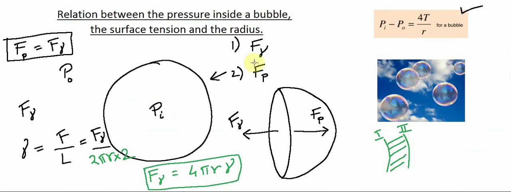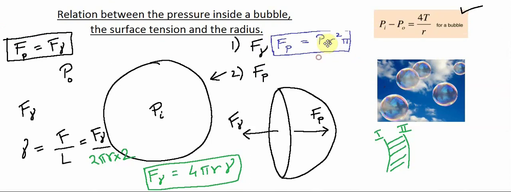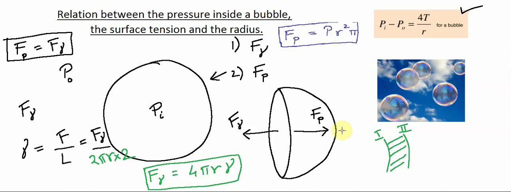Now I take this to the very top of the screen. So this is what we found. Fp is equal to p r square pi, and F gamma is 4 pi r gamma. So what do we have here?